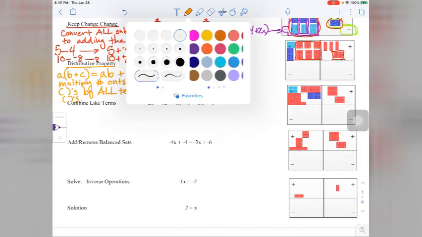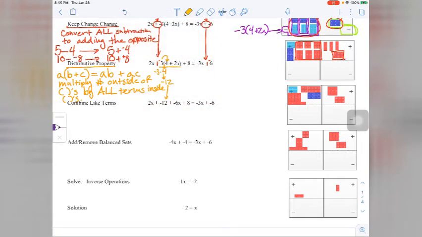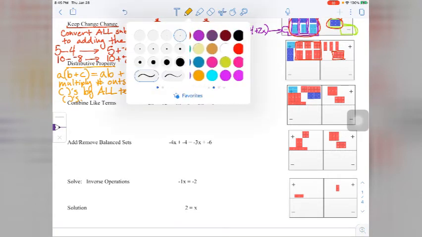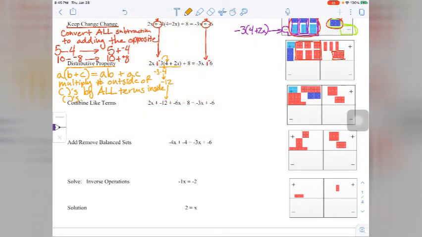And then the other one is -3 times 2x. -3 times 2 is -6, so -3 times 2x is going to be -6x. And I see that right there.